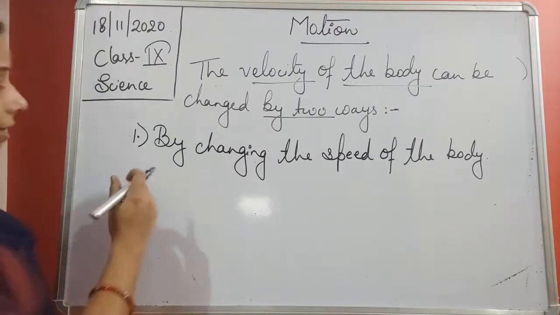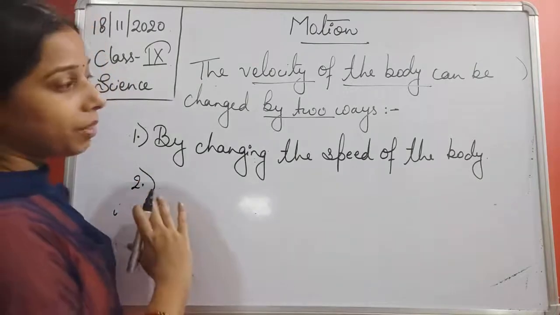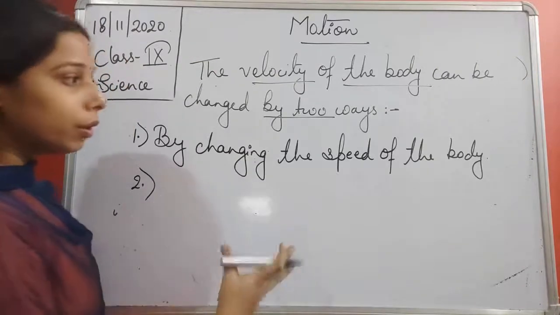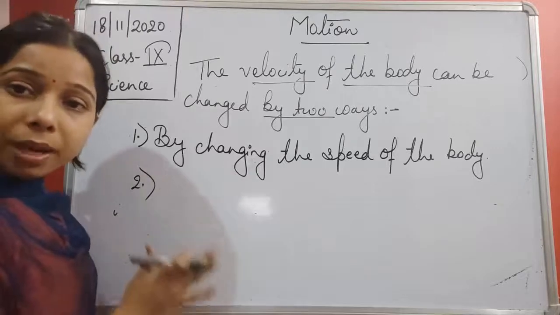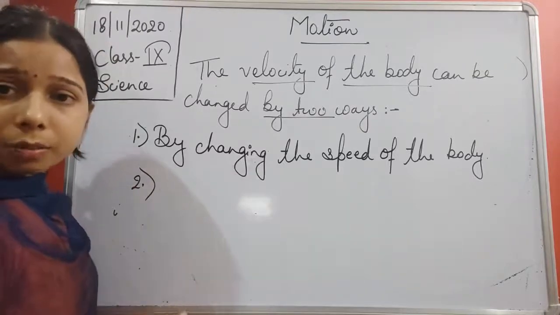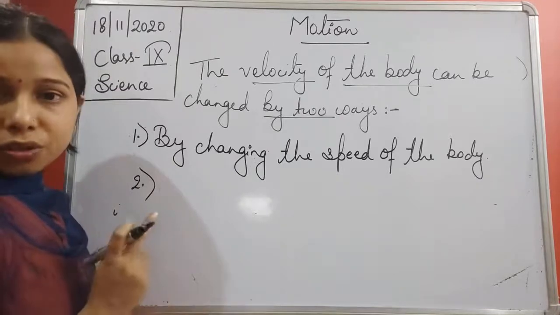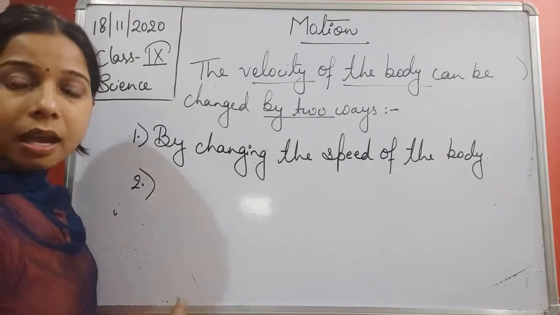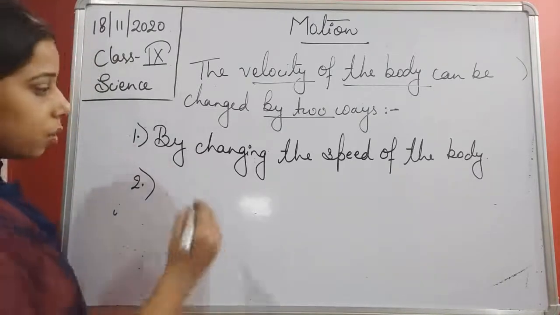Now, the second condition in which we can say that the velocity of the body can be changed. It will be a non-uniform velocity when the speed of the body remains constant. There will be no change in the speed, but there will be a change in the direction. It means the direction keeps on changing continuously, ultimately resulting in variable velocity. So we can write it.